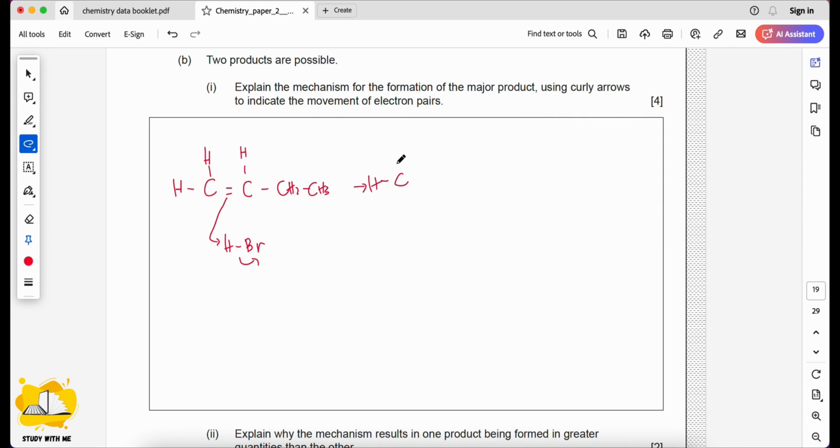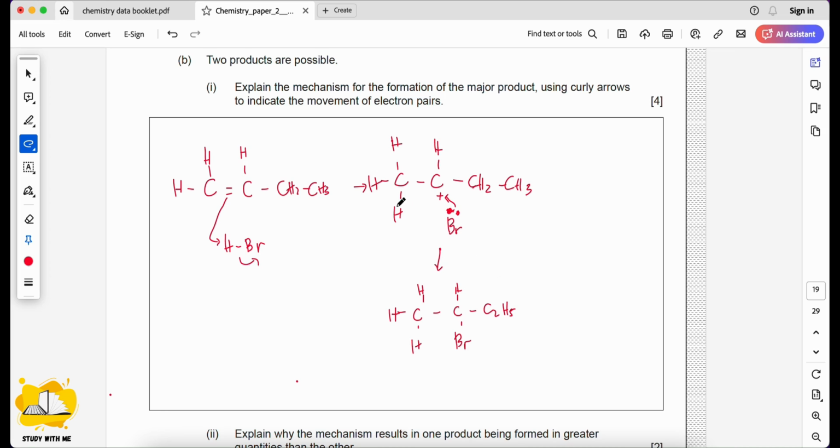Let me write the structure first. This will be positive, and Br will go right here. The final product will be CH3, CH with Br, and C2H5.